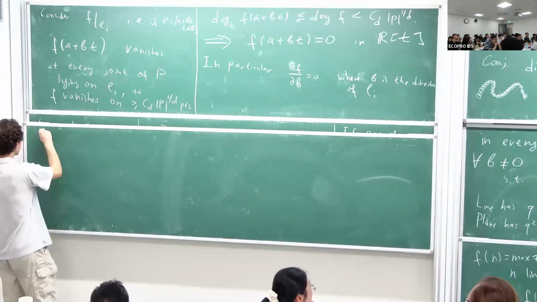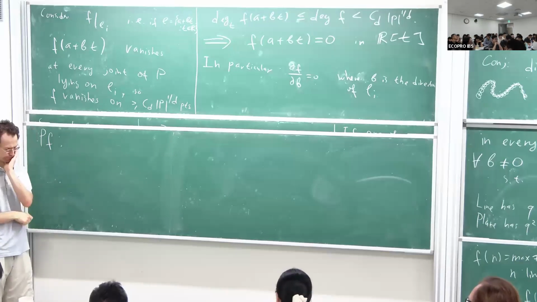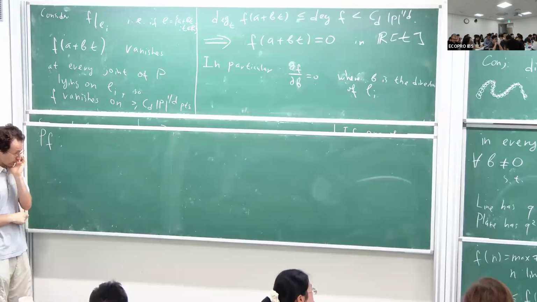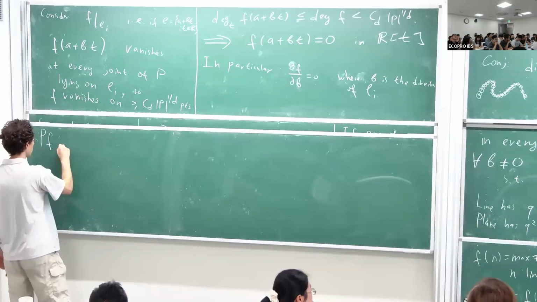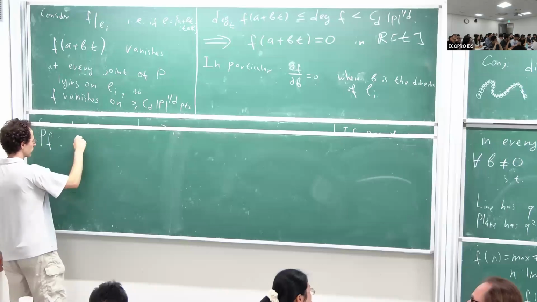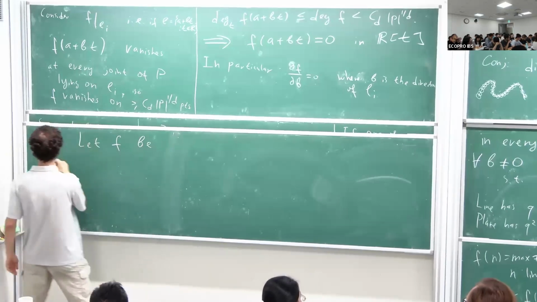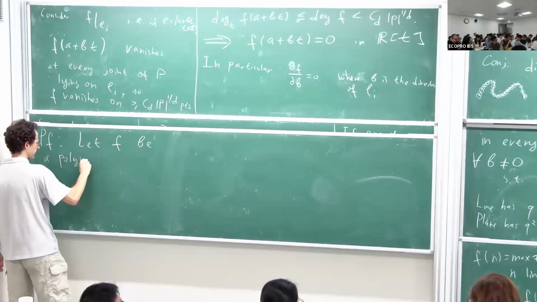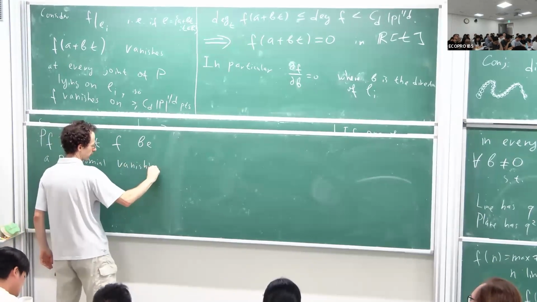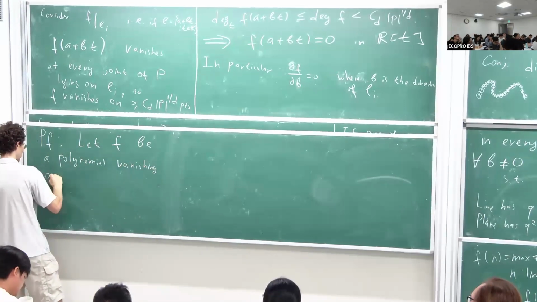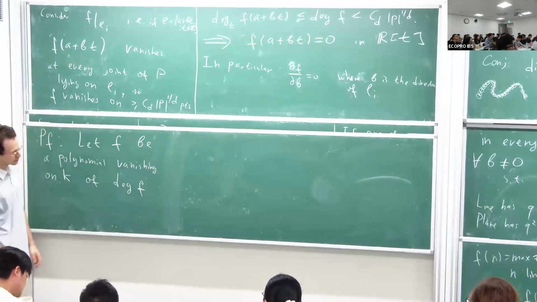All right, so let's prove this. Here's the proof. We are going to construct a polynomial again, which vanishes on K. So let f be a polynomial vanishing on K. And what's the degree of this polynomial?